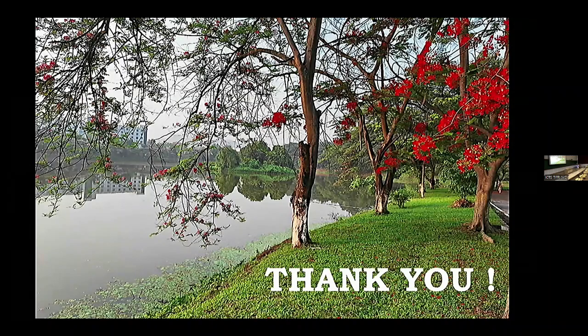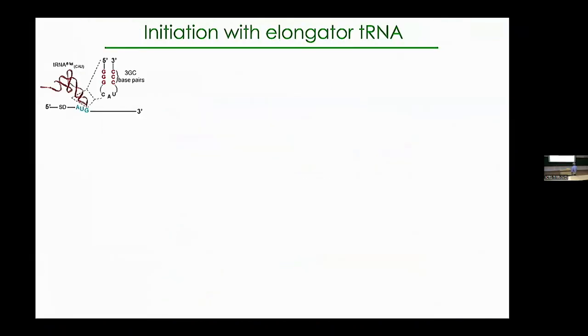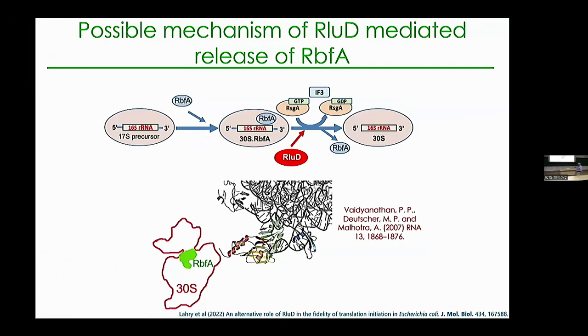Now, RLUD binds to helix 69. And I have a feeling that it remains on helix 69 only. And so when the 50S subunit is trying to join, at that point, RLUD might be removing whatever RBFA is there and itself also going away. I don't know if I have a slide on that. Yeah, here. So what we are thinking is that this is your helix 69, and RLUD is bound there.